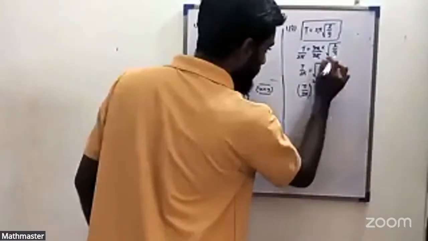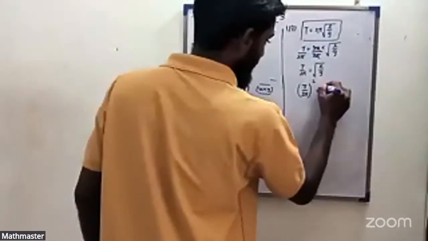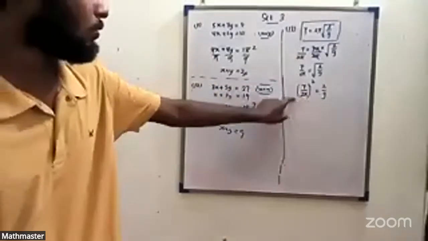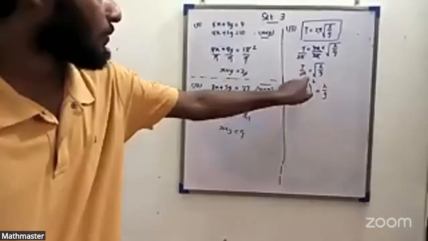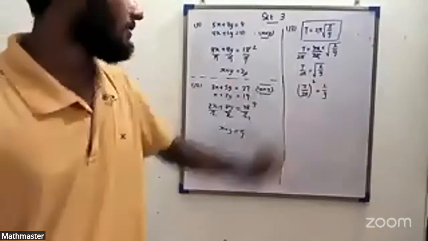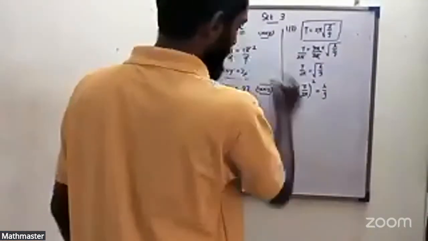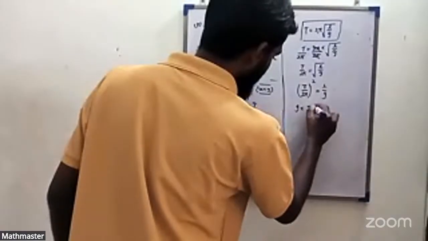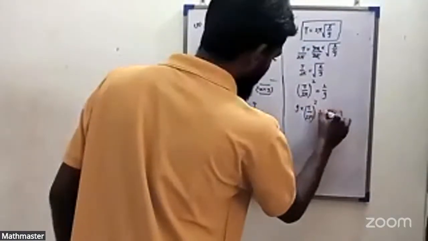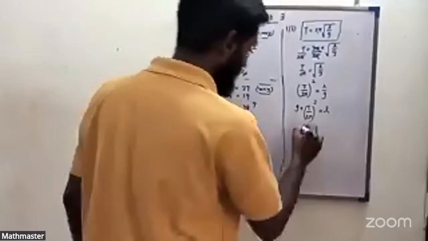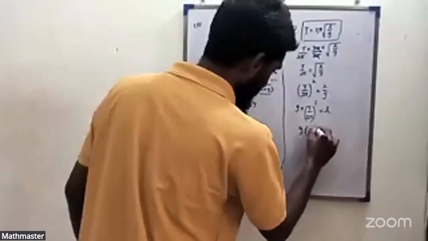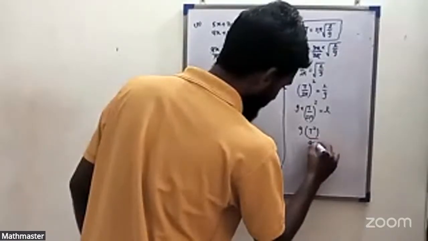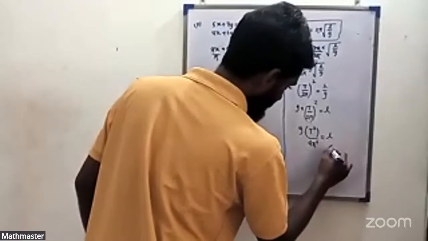Now the square root has gone. T over 2 pi, the entire thing squared, equals L over G. Then G should be multiplied. G into T over 2 pi squared equals L.